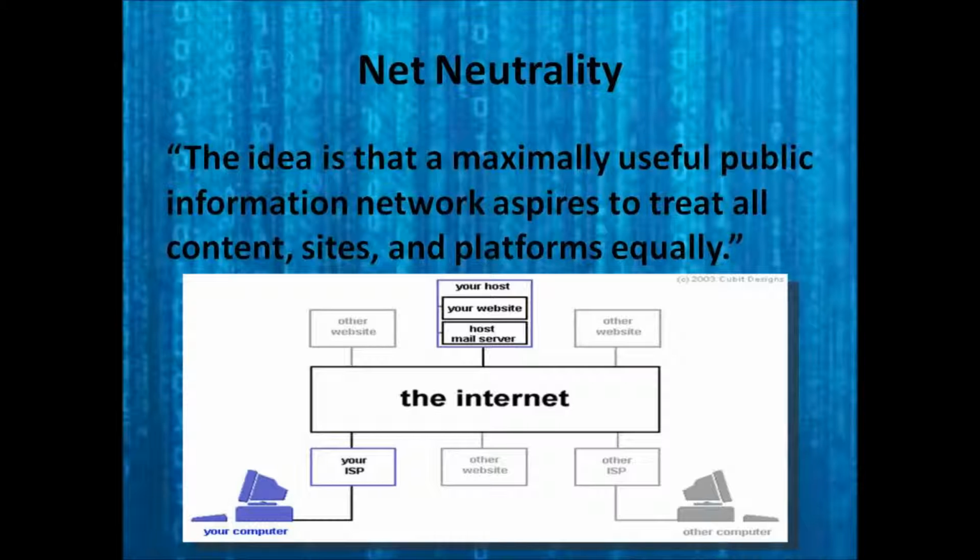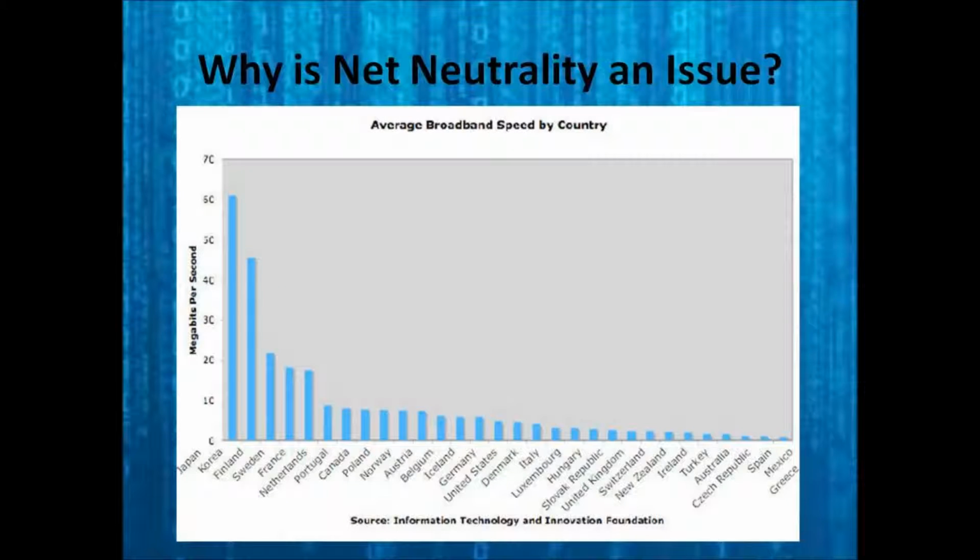The issue is that here in the United States, broadband speed is not what it is in other nations. This has created a demand for faster broadband speeds. One of the things that the ISPs have decided is they need to either increase the broadband speeds or they need to increase the content control.